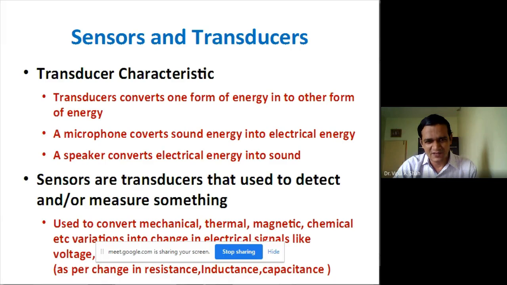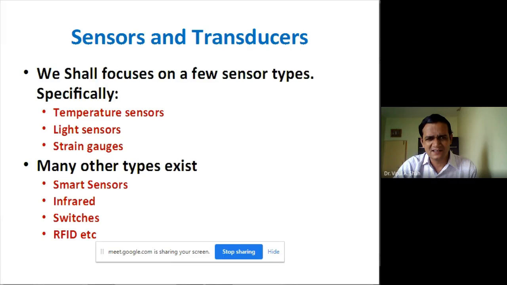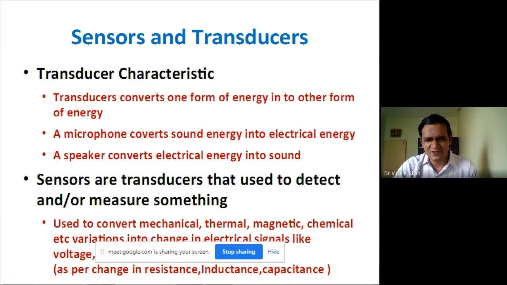Then you should know what a sensor is and how it differs from a transducer. A sensor is the part we use to convert mechanical, thermal, chemical, or various electrical activity changes into an equivalent form like voltage, current, etc. So a sensor will have the sensing part only, and a transducer will convert one form of energy into another form of energy.